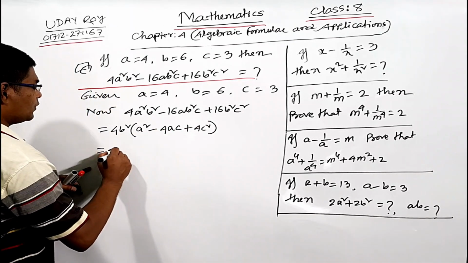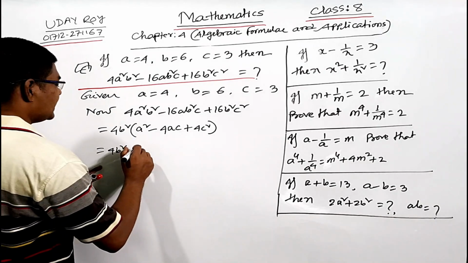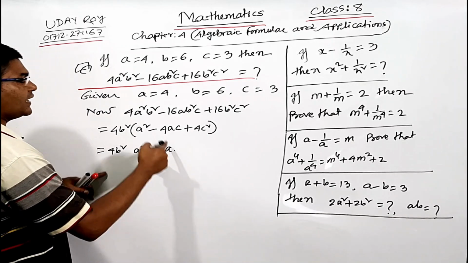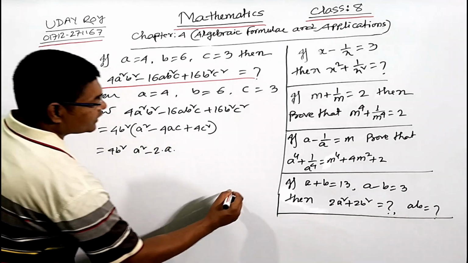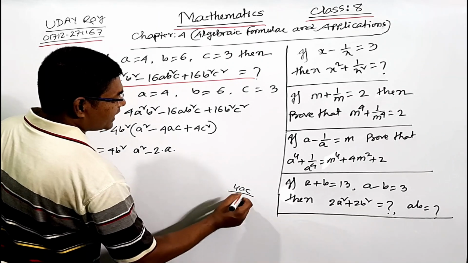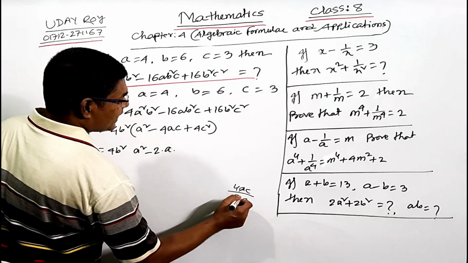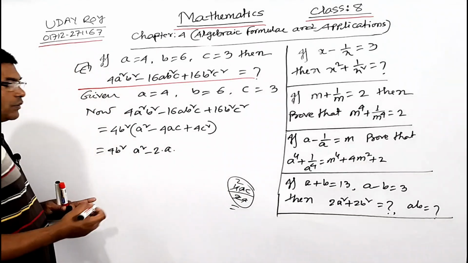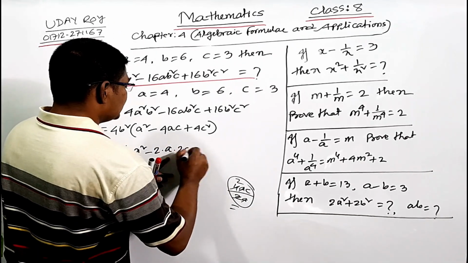Now come back, 4b square. Here is a square minus 2 into a, 2a divided by 4ac, 4ac divided by 2a. So we get a cut, 2 cut, we get 2c. So here b position will be 2c.